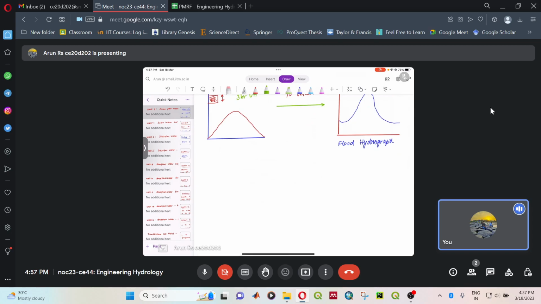Let's say that we want to obtain it for a 3-hour rainfall with excess rainfall as 5 centimeter.